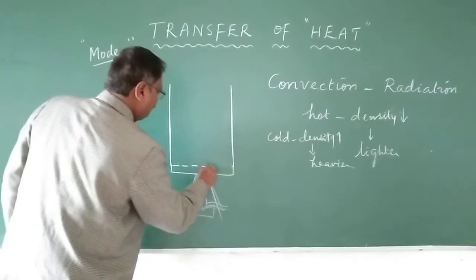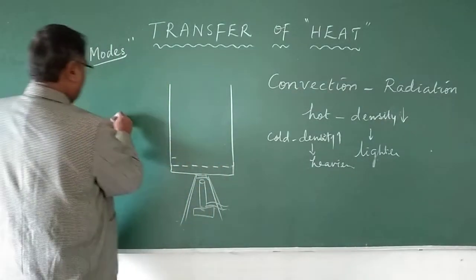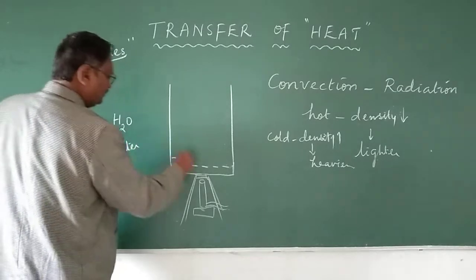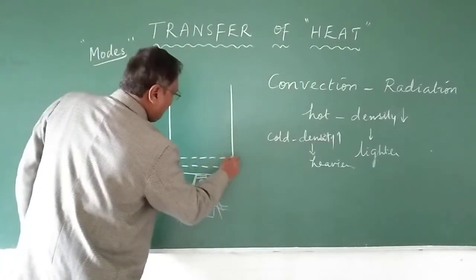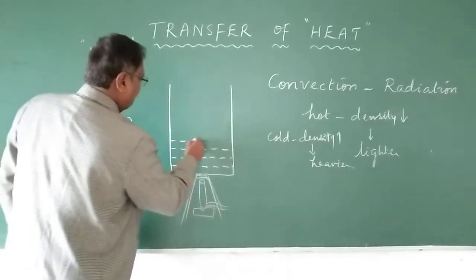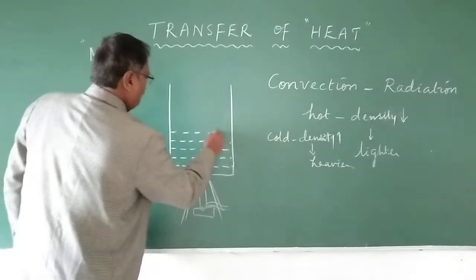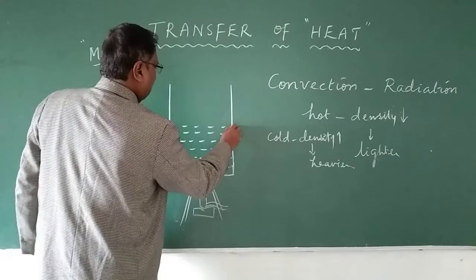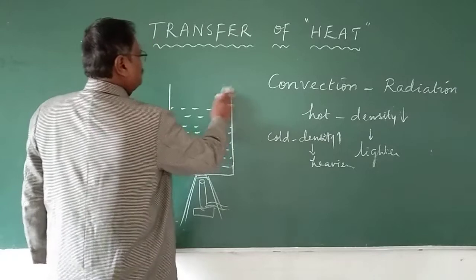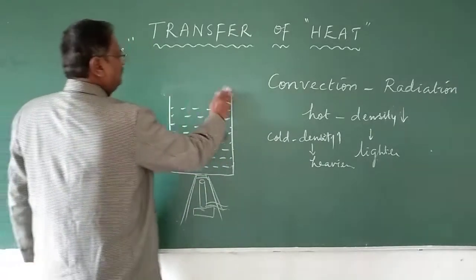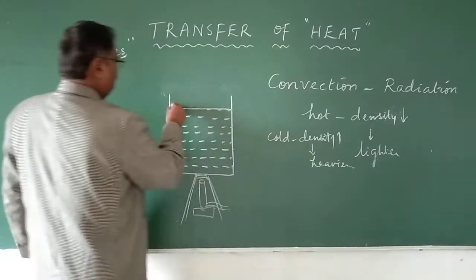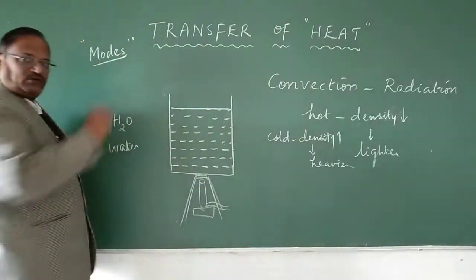Now layers of water, H2O water molecules, are there. I can use the word atoms or molecules, I can mix them, no problem. I have taken the layers, this much is enough. Now this is the topmost layer: layer 1, 2, 3, 4.